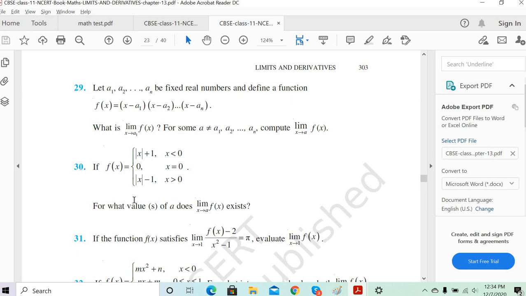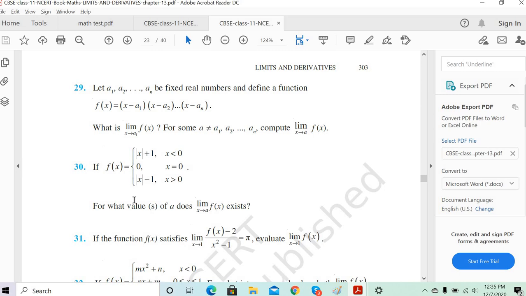So when x tends to a1, what exactly will you get as the answer? Let's see.